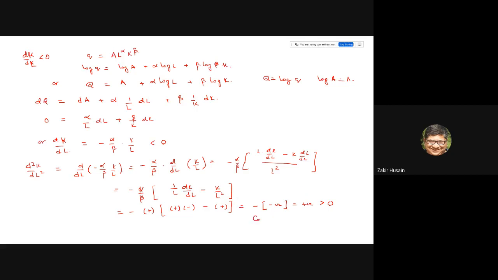So what does it imply? It implies that the isoquants are convex to the origin.